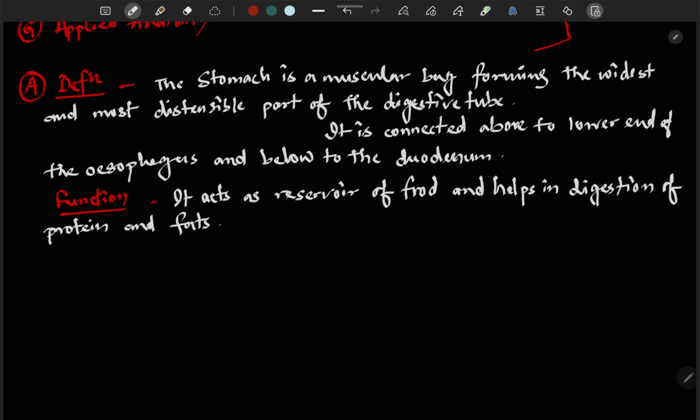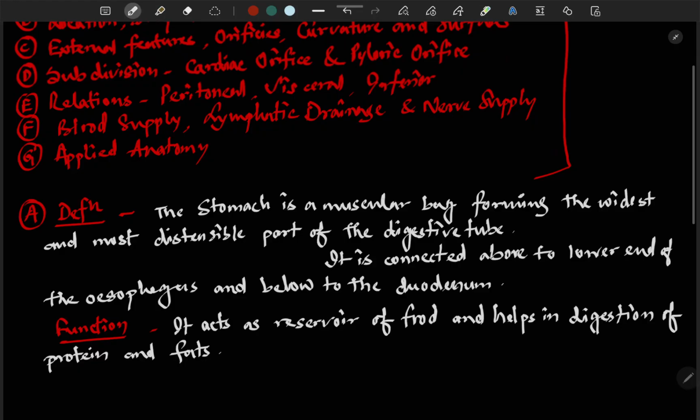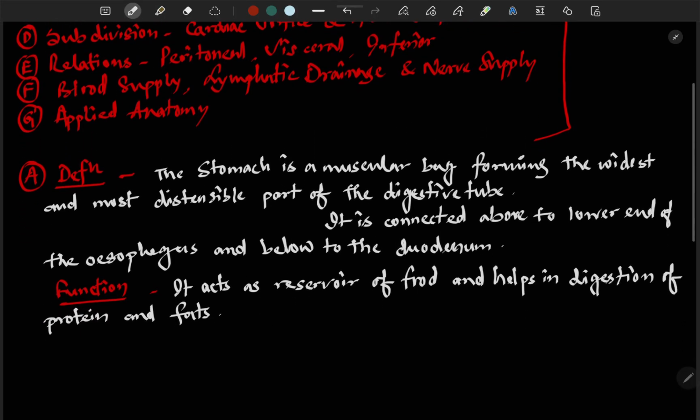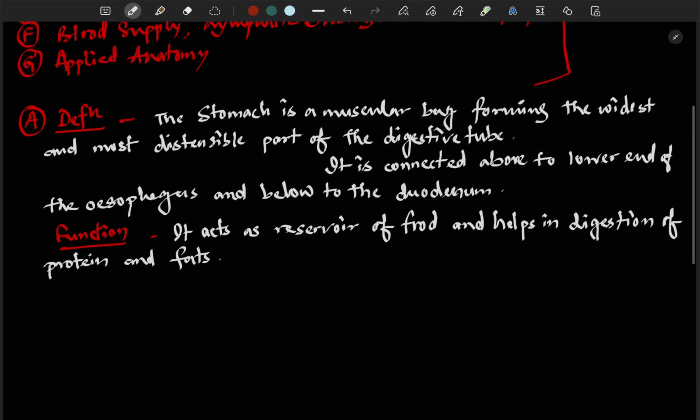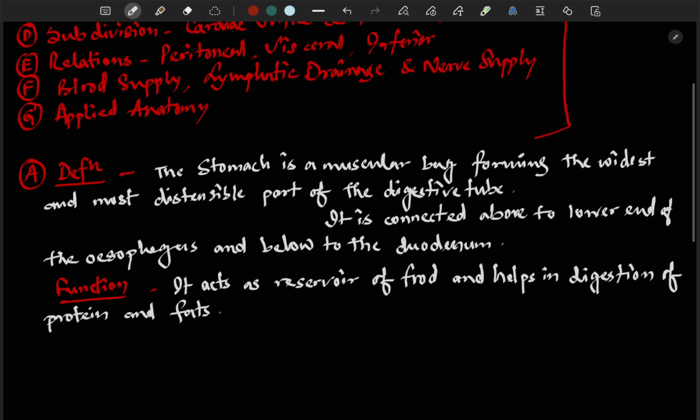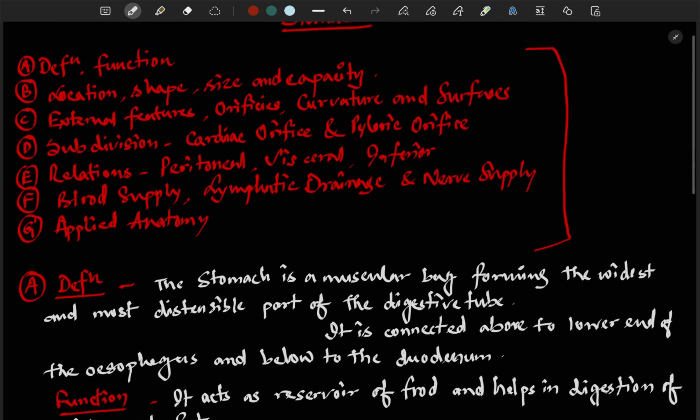Okay, so this is the function of the stomach. Next we'll go to the location.